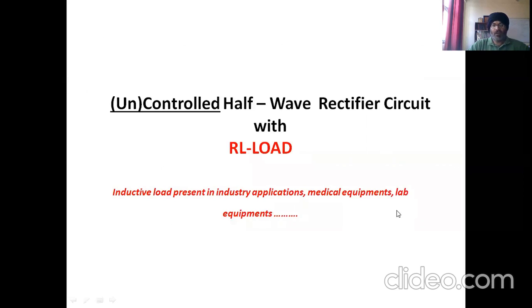Okay. So now the next step, if we have an inductance present in the load, how is the behavior for this half-wave rectifier circuit?